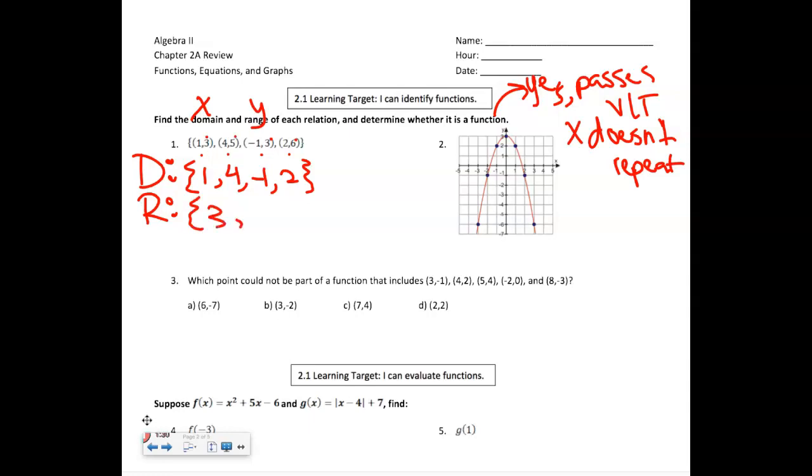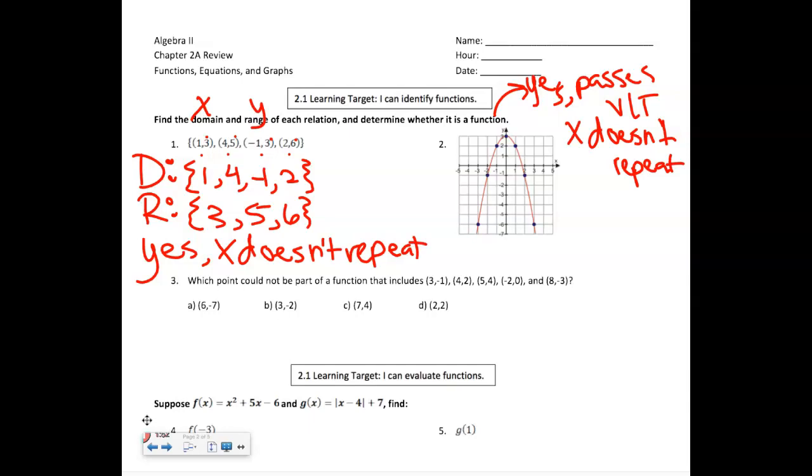So I'm going to say 3, 5, and 6. Okay. Now, when we looked at our x's, there were no repeats, so this tells me yes, it is a function, so we're going to say yes, x doesn't repeat. To get full credit on your test, make sure you tell me that whole sentence there.